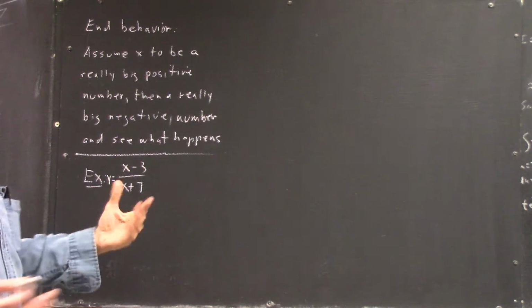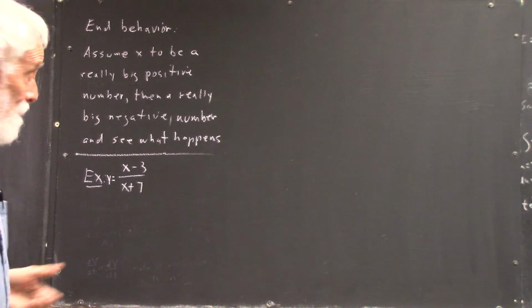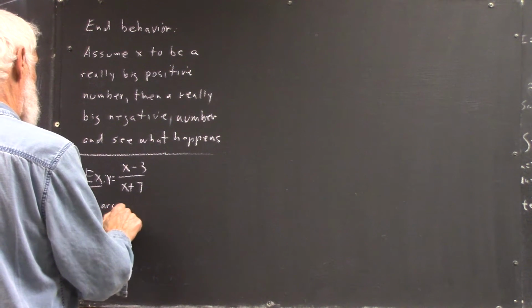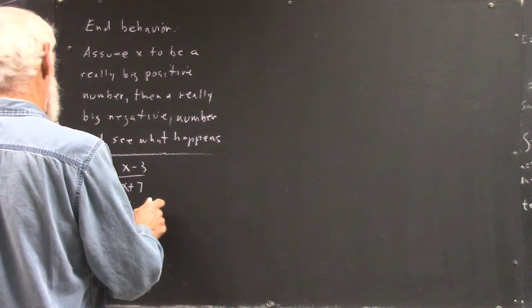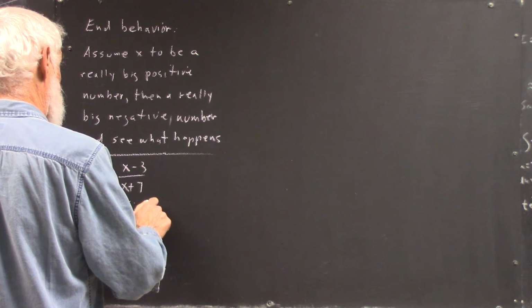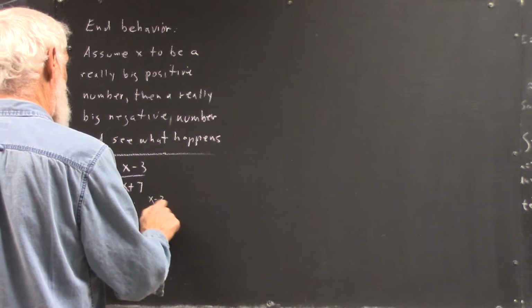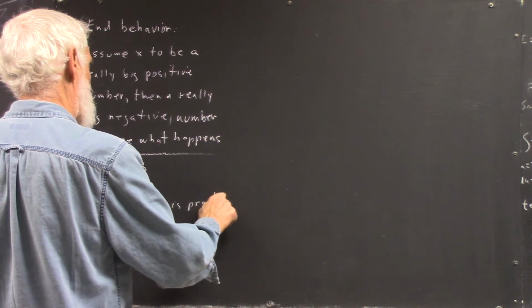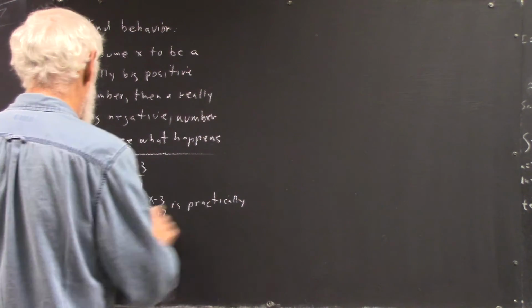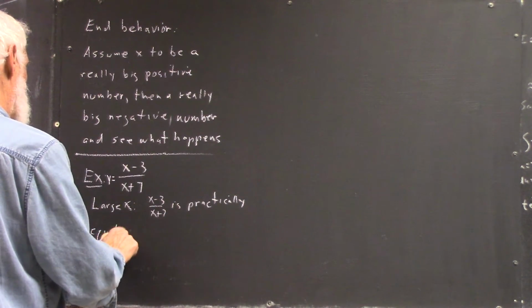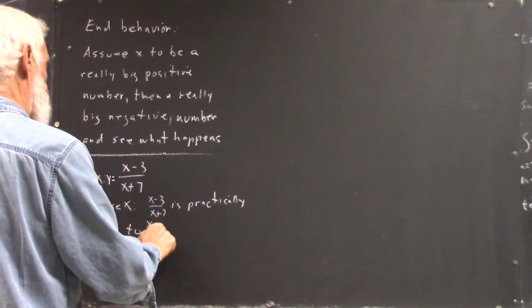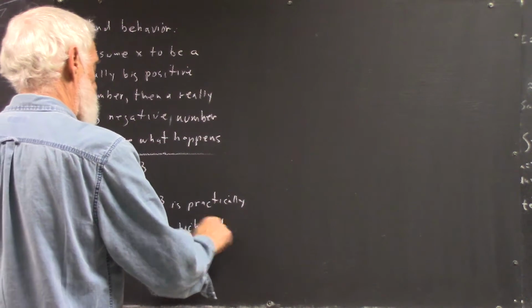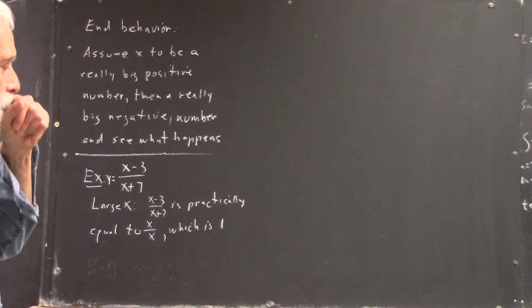And x plus 7 is as close to x as you want to be. Okay, so for large x, the ratio approaches 1.